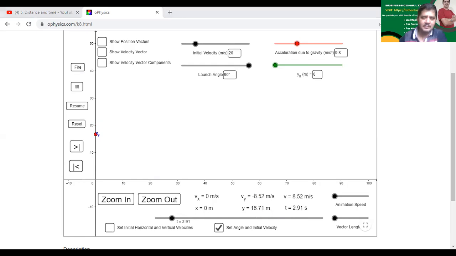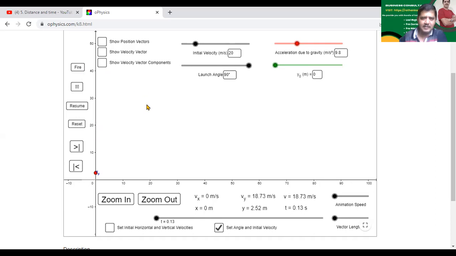Note it down. Let us fire it once again. 20.41.